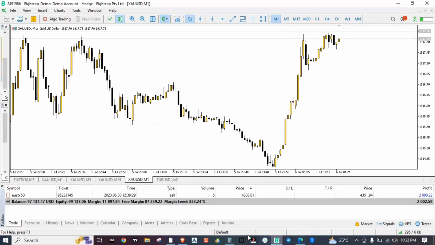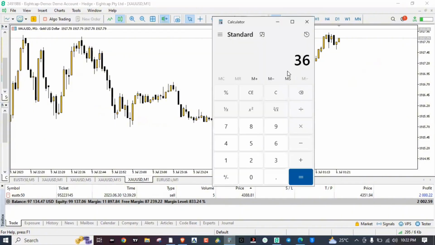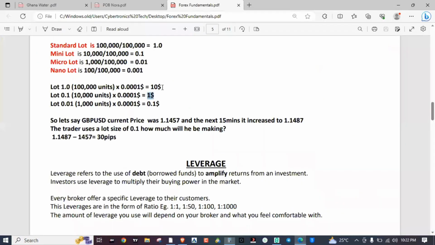Okay, then let's move on. So the first person purchased 100,000 units. So it is 36 pips times 10, because that's the value of the 100,000 units. Okay, 36 times 10. But if you want to go technical, then you have to do it this way.